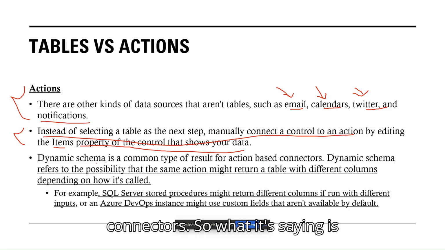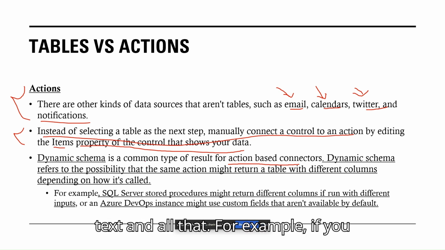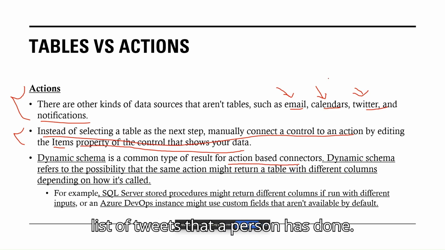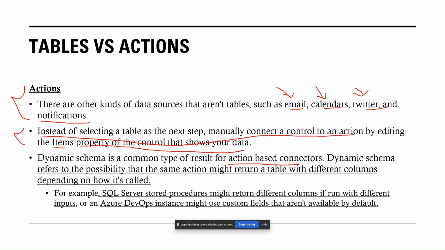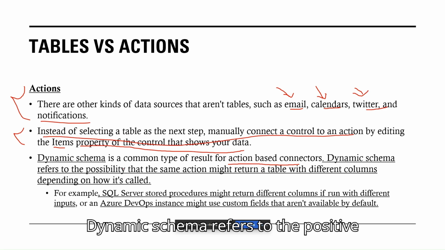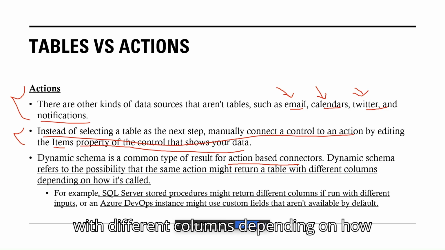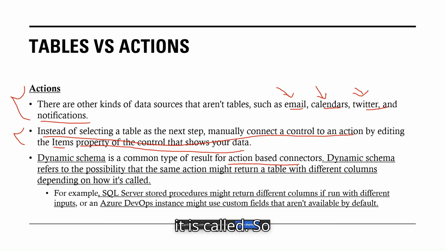Action based connectors provide things like table or text. For example, if you call Twitter, it's going to give you a list of tweets that a person has done. Dynamic schema refers to the possibility that the same action might return a table with different columns depending on how it is called.